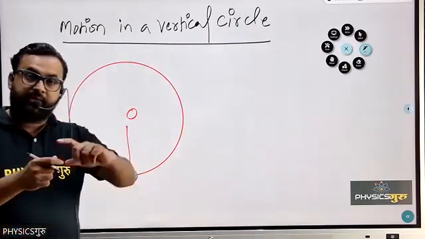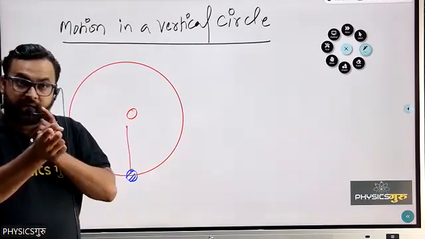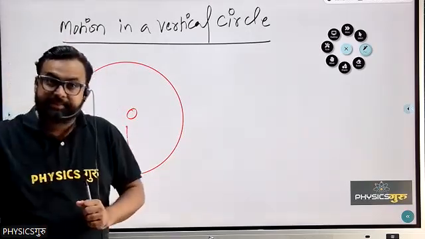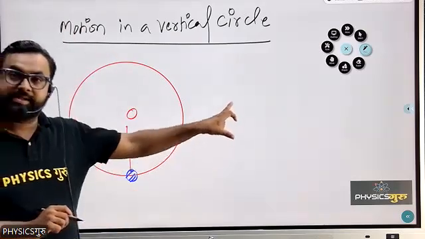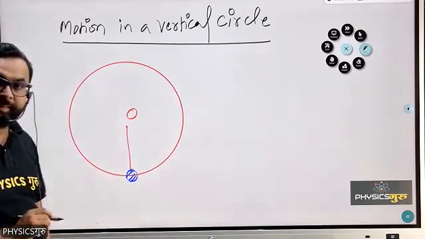Suppose we have a stone connected with a thread, and we are whirling the stone in a vertical circle like this. Under the effect of gravity, this body is performing a circular motion.